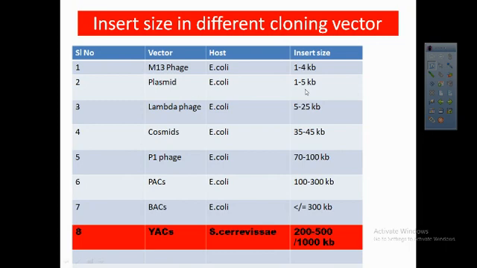Similarly, the plasmid can carry 1 to 5 kilobase, lambda phage 5 to 25 kilobase, cosmid, which is a chimeric vector, 35 to 45 kilobase, P1 phage 70 to 100, prokaryotic artificial chromosomes 100 to 300, bacterial artificial chromosomes greater than or equal to 300 kilobase, and the YAC can clone DNA of about 200 to 500.